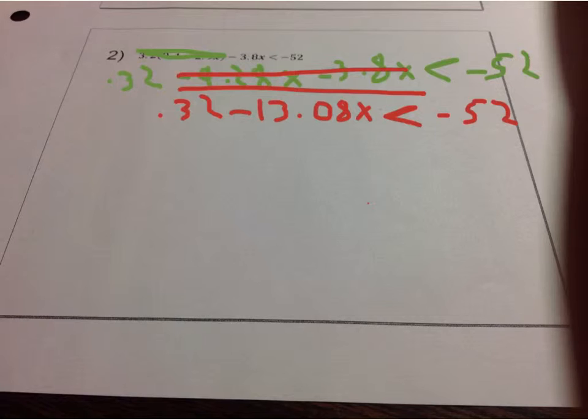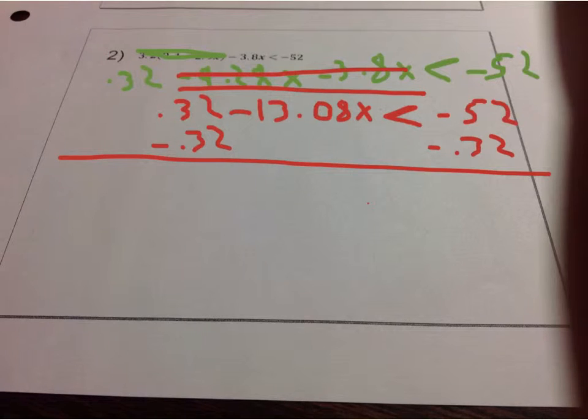So remember, get rid of any addition or subtraction numbers first. So right here we have just a 0.32 hanging out, so we're going to want to subtract 0.32 from both sides. Subtract 0.32 and subtract 0.32. And when you do that, these cancel out.